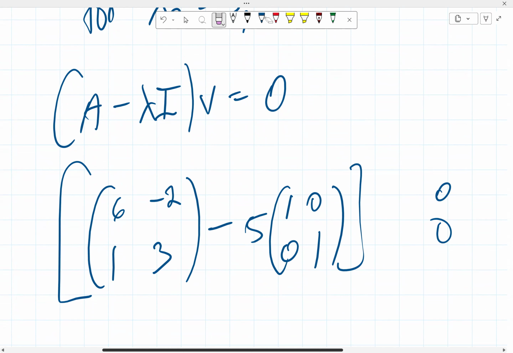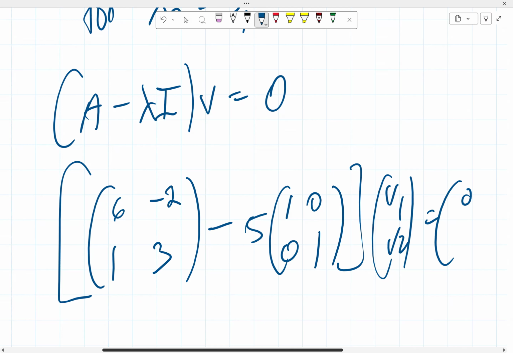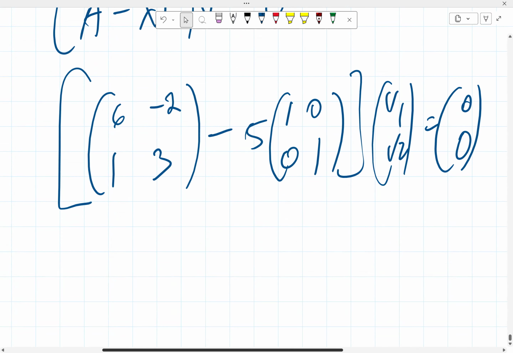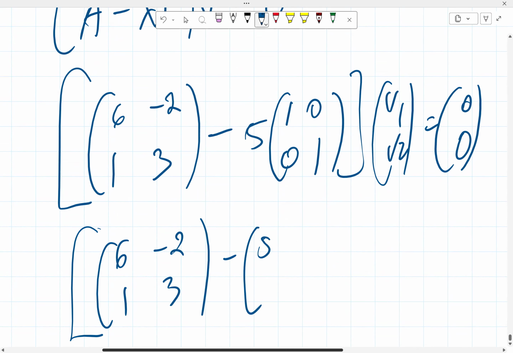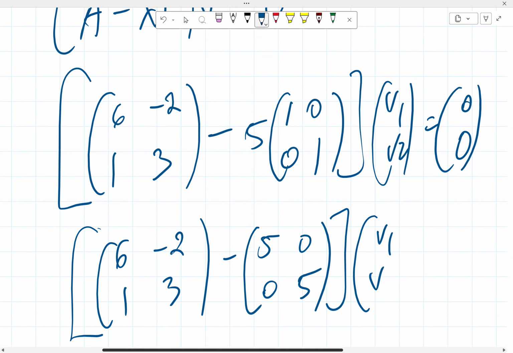Okay, we have v with this, so v1, v2 equals 0, 0. So this is [6, -2; 1, 3] minus [5, 0; 0, 5] into v1, v2 equals 0, 0.